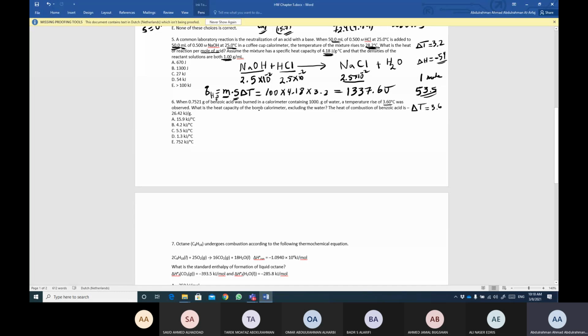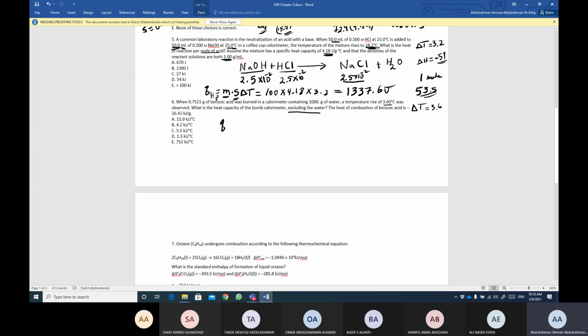What's the heat capacity of the bomb calorimeter, excluding the water? So we don't want to calculate the water in it. The heat of combustion of benzoic acid is minus 26.42. So we're burning benzoic acid.